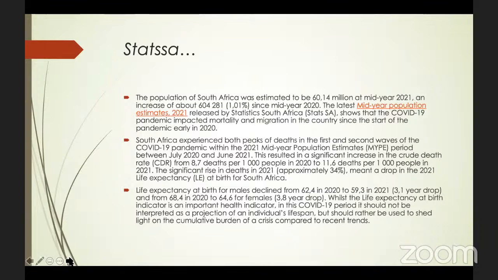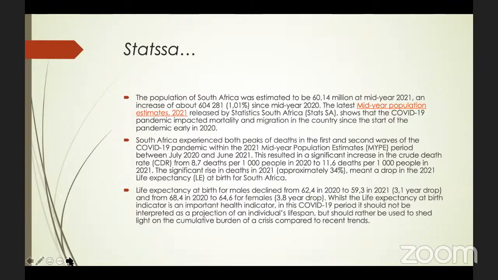This resulted in a significant increase in the crude death rate from 8.7 deaths per 1,000 people in 2020 to 11.6 deaths per 1,000 people in 2021. The significant rise in deaths in 2021, which was approximately 34%, meant a drop in the 2021 life expectancy at birth for South Africa.